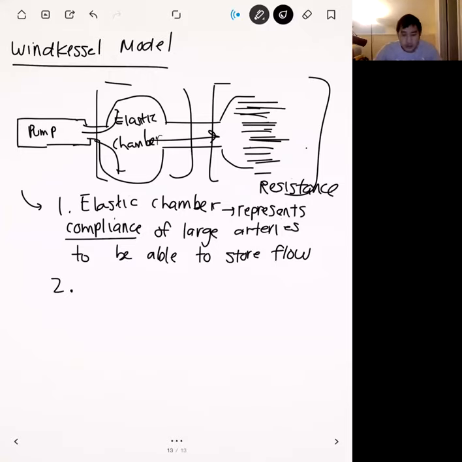All right, and so the second element that's essential here is all this downstream resistance. And what these do is that they basically require that there's always a non-zero mean flow in your blood.